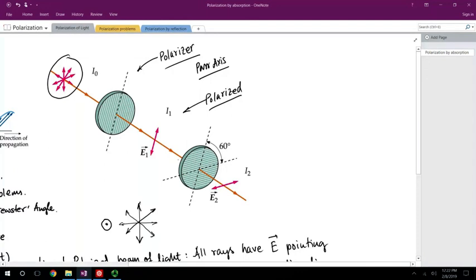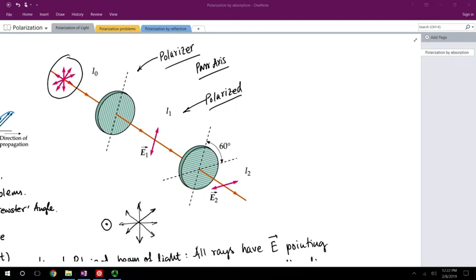In the same path of that beam of light, I'm putting a second polarizer, but this time I've arranged the second polarizer to have its pass axis rotated relative to the pass axis of the first polarizer. So the question is, what would happen when this polarized beam of light passes through the second polarizer?